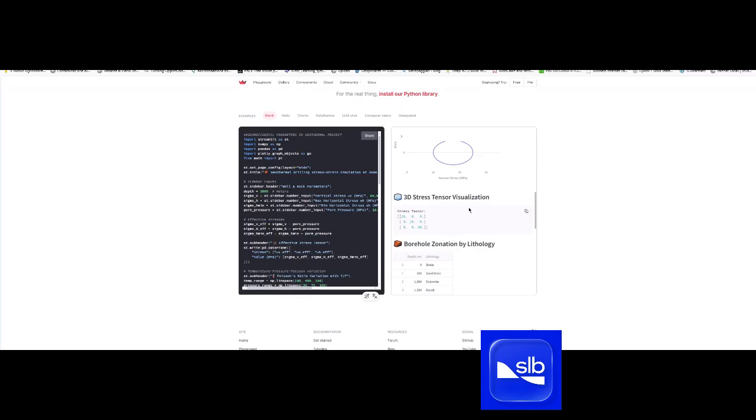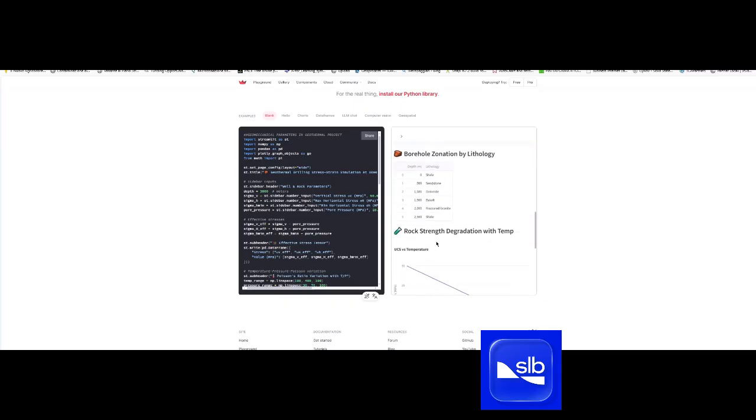The 3D stress tensor is visualized also in this, and the borehole zonation by lithology with different depth.